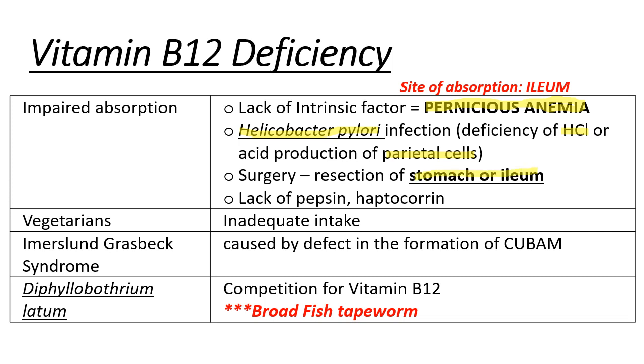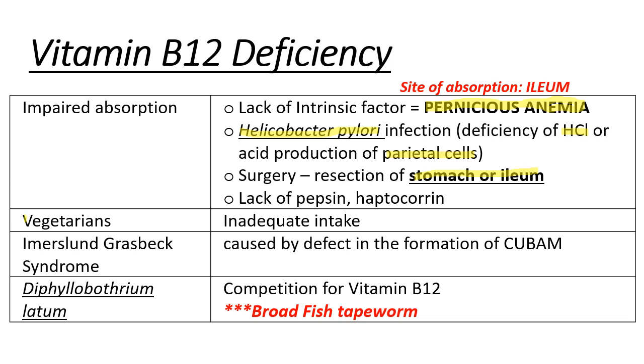Bakit kasama si stomach? Kasi stomach is the site kung saan makikita yung mga parietal cells mo, no? Nakakapag-produce ng hydrochloric acid. Okay? And next, yung lack of other proteins such as your pepsin and haptocorrin for the absorption.